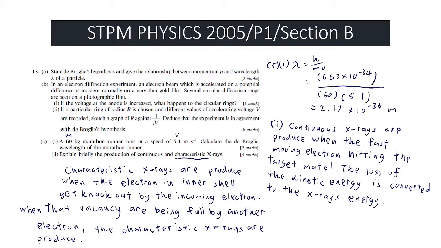So the keywords here are: the electron in the shell gets knocked out, and the second is that the vacancy is being filled. This is how to produce this characteristic X-ray.